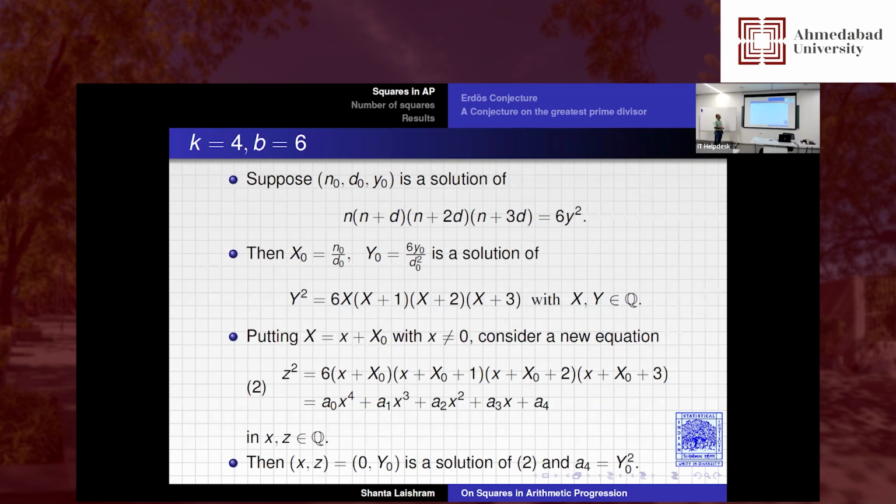So it has a solution when x is 0, small g is y naught. So it's a solution. This is what I get.